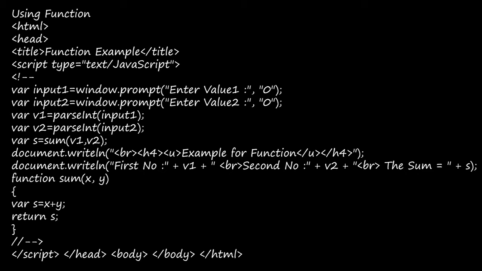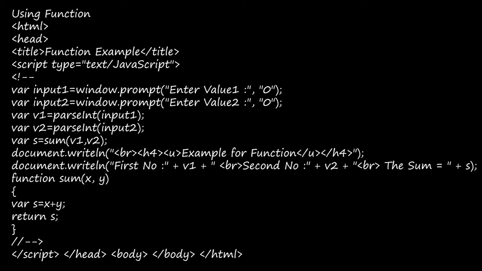Variable input1 is equal to window.prompt, and inside the brackets, "Enter value 1" inside double quotes, separated by a comma, and then "0" inside double quotes. So "Enter value 1" will be displayed in the prompt dialog box, right?